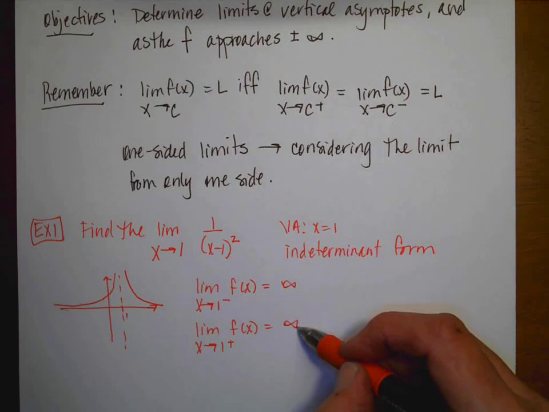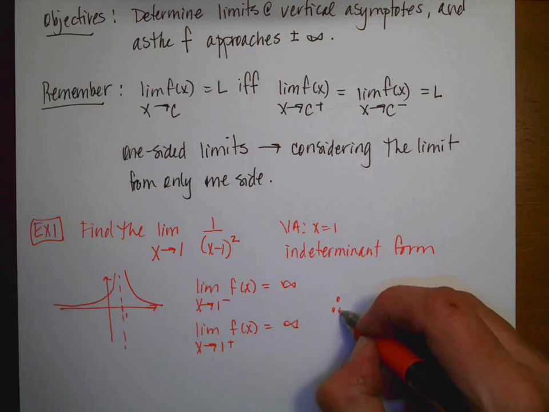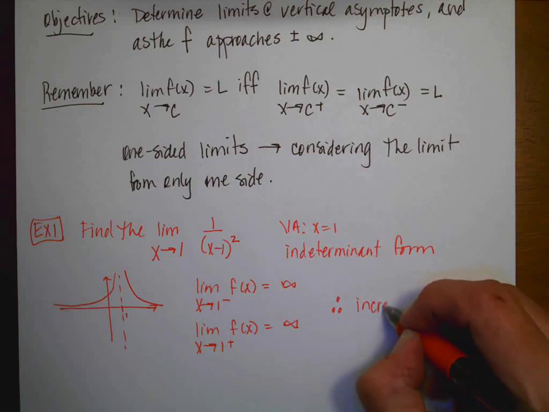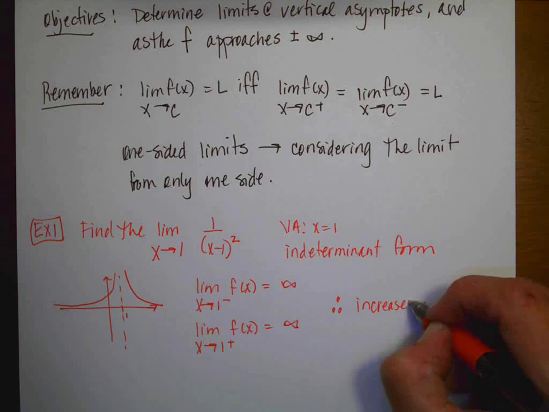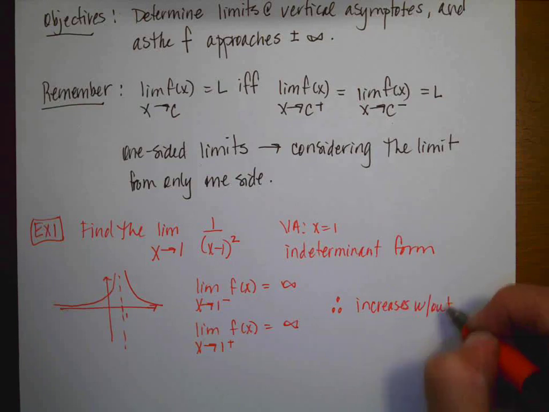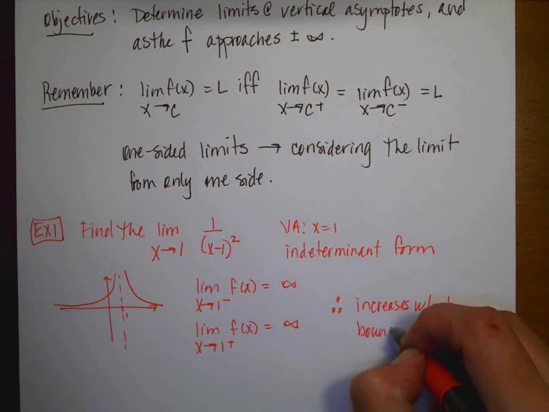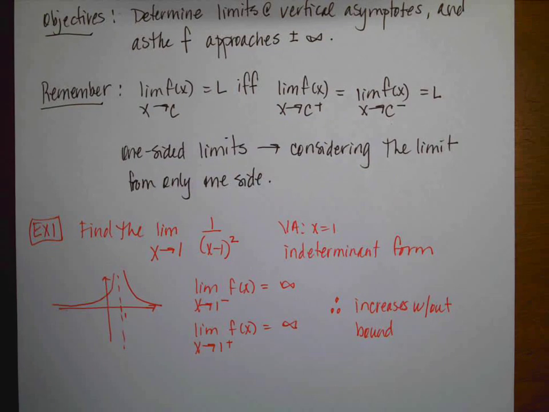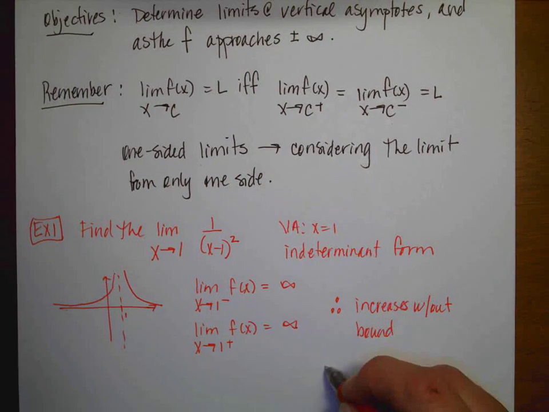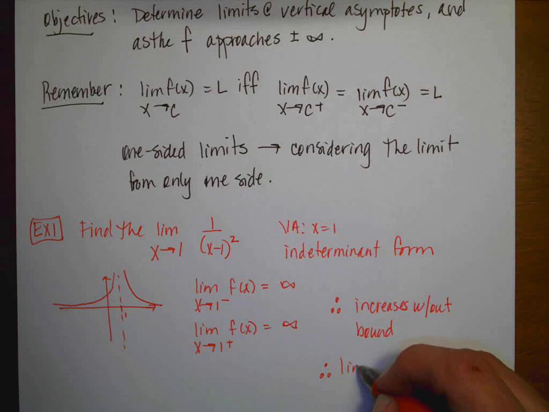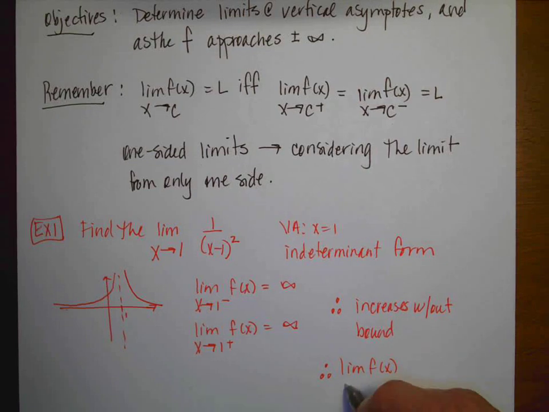The left and the right-hand limits agree, but this particular function increases without bound, which means that it continues forever up, which means also that therefore the limit of f of x as x approaches 1 does not exist.